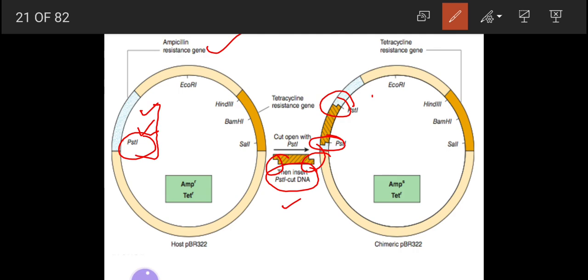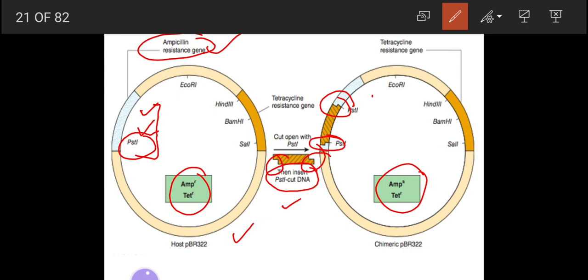Now what happens when we cut this plasmid with the enzyme PstI and the DNA is ligated: this ampicillin resistance site will be disrupted, and this ampicillin resistant plasmid will be changed into an ampicillin sensitive plasmid.